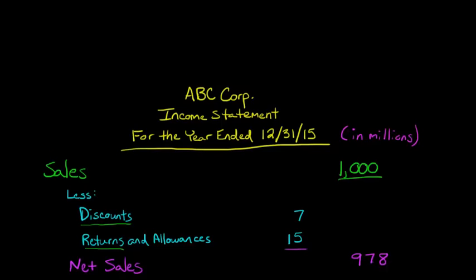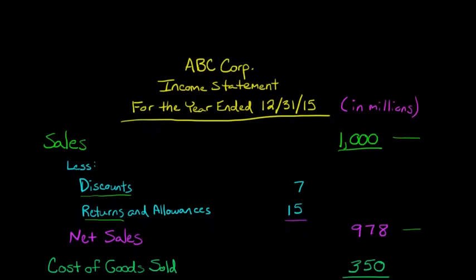You might think, why do we even care about these? Why didn't we just originally record 978 in sales? Well, we can separately track these. We might say, we're giving a lot more discounts than we thought. So it's useful to break things out. Ultimately, we start with this sales number, and then we get to net sales after making those adjustments.